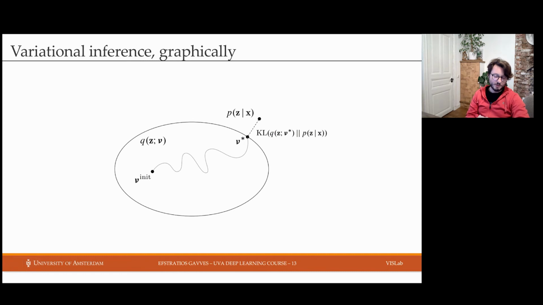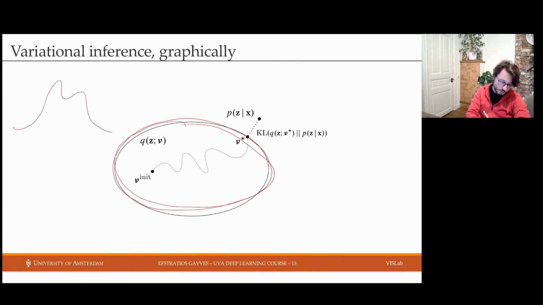Graphically, the variational inference model can be simply depicted as, this is my family of all possible functions. So let's say again, I want to approximate this true posterior, right? And this true posterior here corresponds to this dot with some sort of Gaussian.